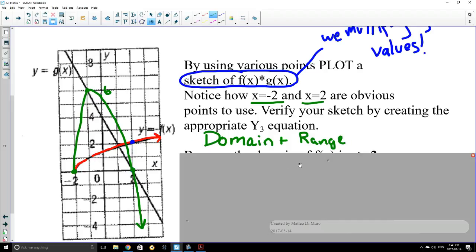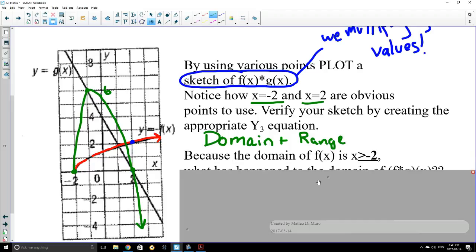Okay, so you can see that the domain gets restricted. The line has a domain of x element of the reals, but on the resulting function, because of the square root graph, the domain gets restricted and it's -2 to infinity. You could also write that as x greater than or equal to -2. The range goes up.